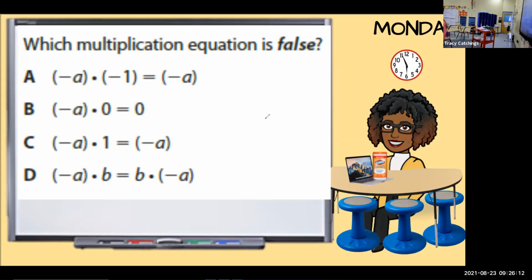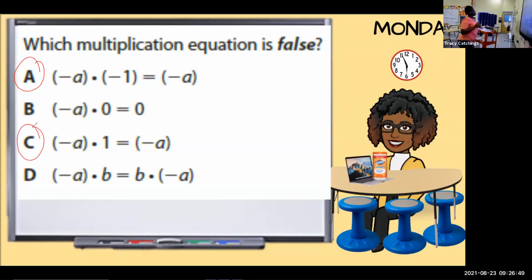Was anyone able to pick out an equation they believe is false? A. C. Or Layla? Why did y'all say A? I said C. All right, you said C.